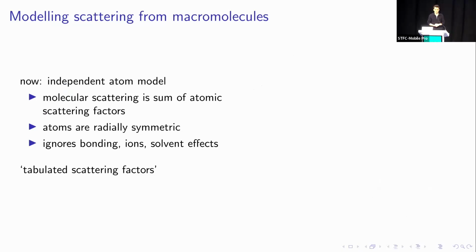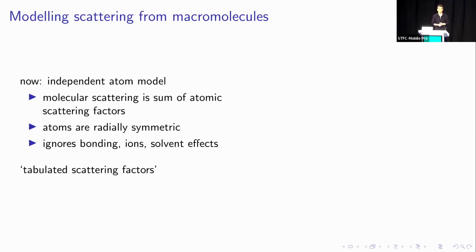So we assume that the scattering from a molecule can be expressed as a sum of atomic contributions that we call atomic scattering factors. And that these atomic contributions are radially symmetric around the center of each atom. And we ignore any effects due to the interaction of atoms within the molecular context.